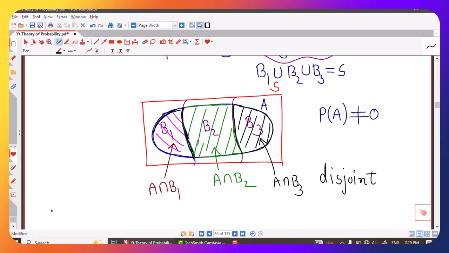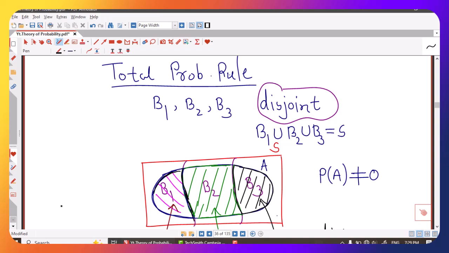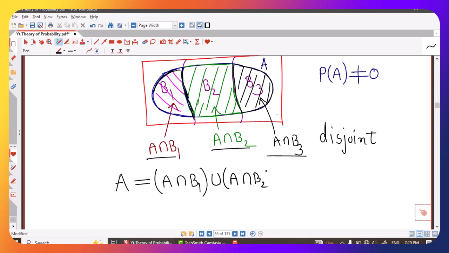So these events are also mutually exclusive, because B1, B2, B3 are mutually exclusive. Now again, if we take union of these three events, A intersection B1, A intersection B2 and A intersection B3, then we will obtain event A.